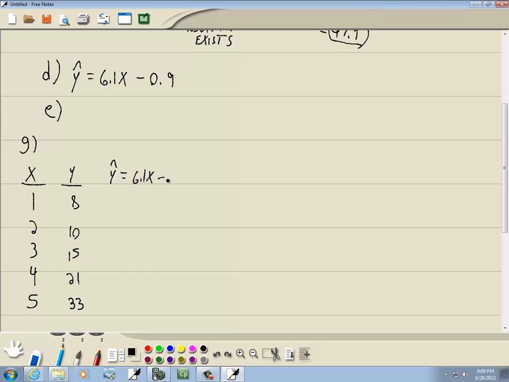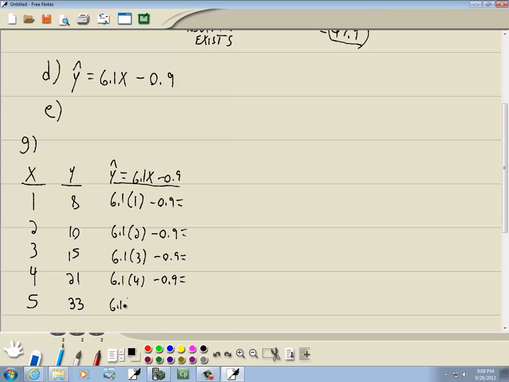That's 6.1x minus 0.9. So we're going to take each one of our x values here and plug it in for the x here. So we've got 6.1 times 1 minus 0.9, 6.1 times 2 minus 0.9, 6.1 times 3 minus 0.9, 6.1 times 4 minus 0.9, and 6.1 times 5 minus 0.9.